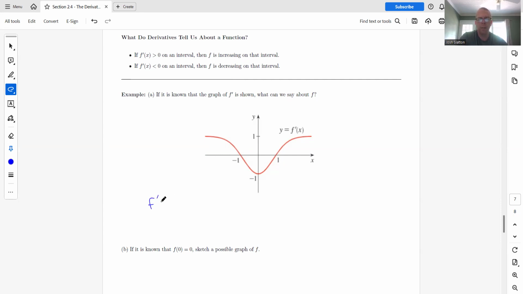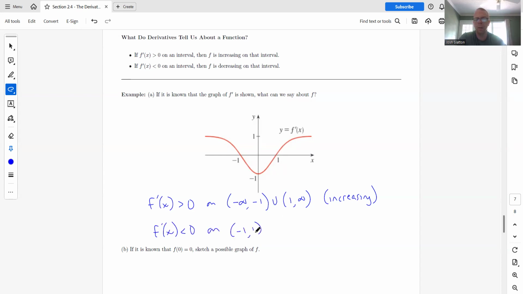So f prime of x is greater than 0 on negative infinity to -1, and then also from 1 to infinity. And so that means it's increasing on that interval. And then f prime is less than 0 between -1 and 1. So that means it's decreasing on that interval.